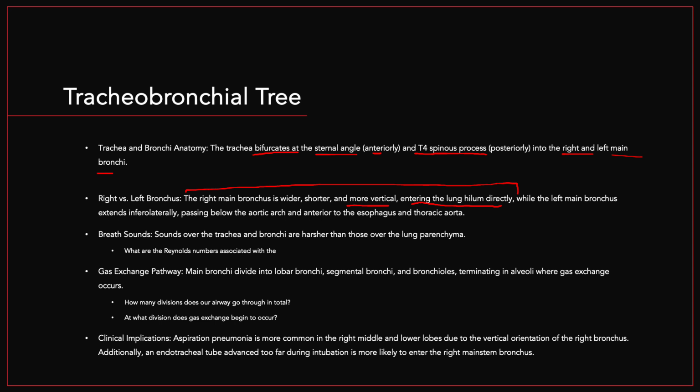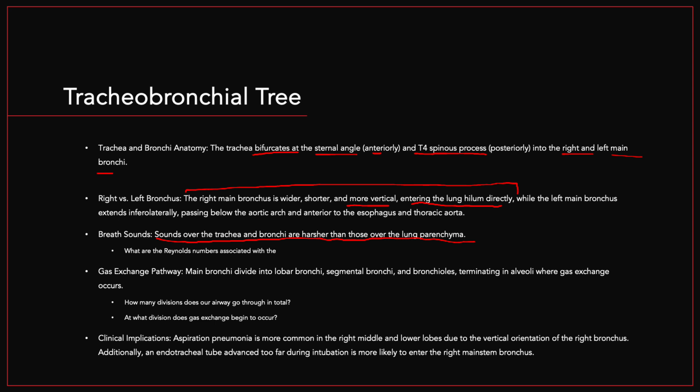All right. So breath sounds over the trachea and bronchi are going to be harsher than those over the lung parenchyma. Okay. So when we think about breath sounds, there's a reason that we hear a difference in the flow of that air. All right.